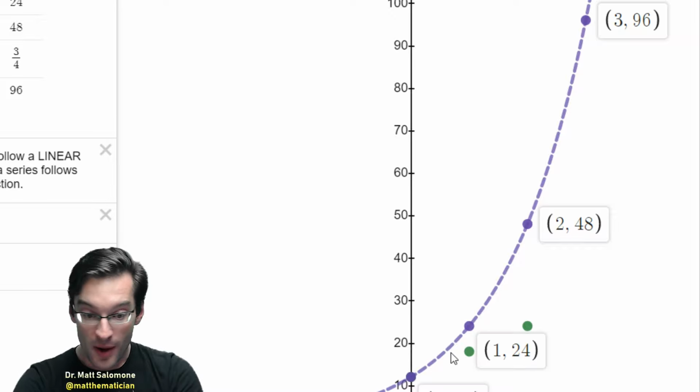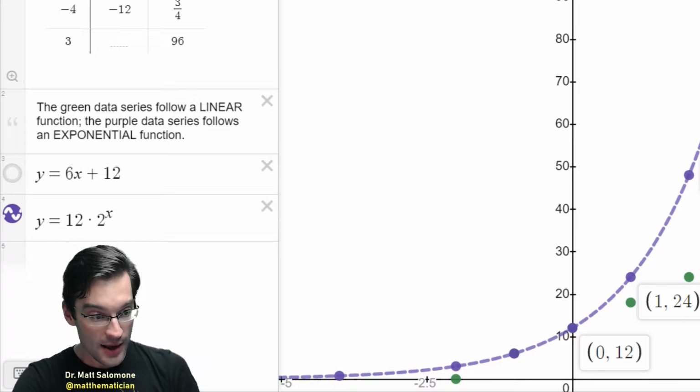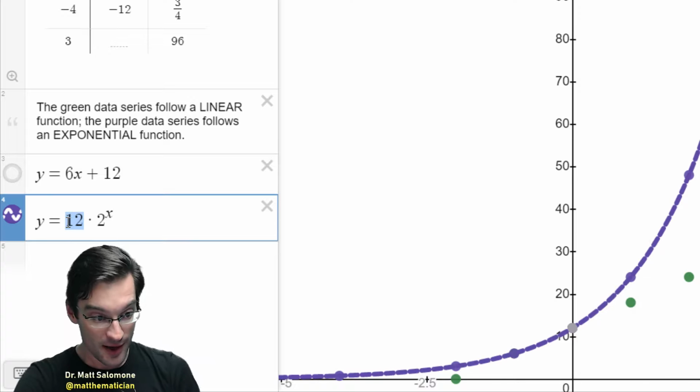So starting from 12, I would have to multiply by 2 once, twice, 3 times to get out to x equals 3. So the picture that's emerging is that the equation for this graph is y equals 12 when x is equal to 0. But for every x that's not equal to 0, we have to multiply by 2 x many times to find the value of y at that point where my x-coordinate is x.